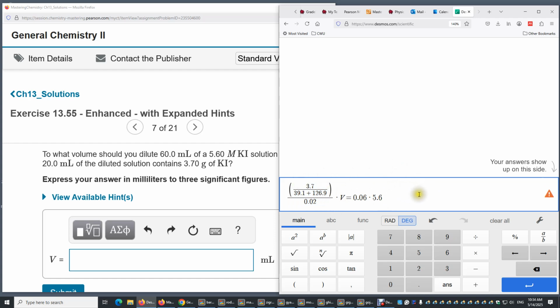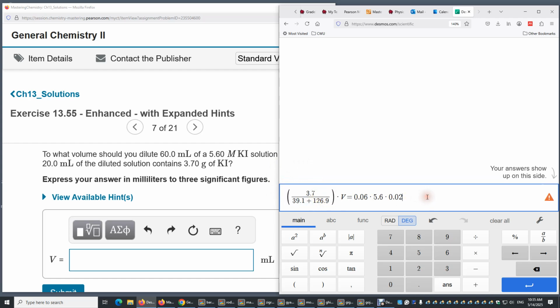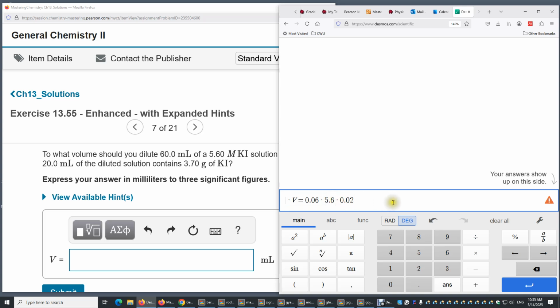Now, how to solve this using a calculator? We can multiply both sides by 0.02. So I'm going to multiply this by 0.02, and this side also multiplied by 0.02. I remove the denominator, so this is what I'm trying to solve. And then both sides divided by whatever is in the pair of parentheses.